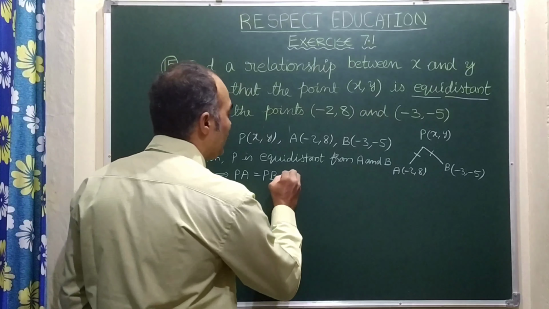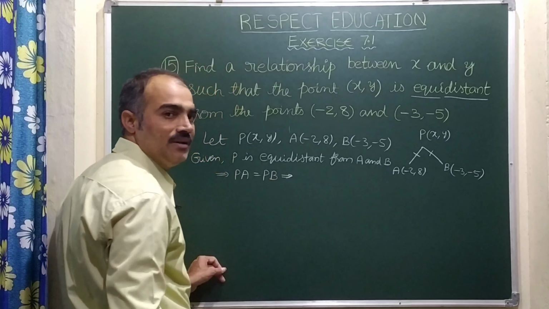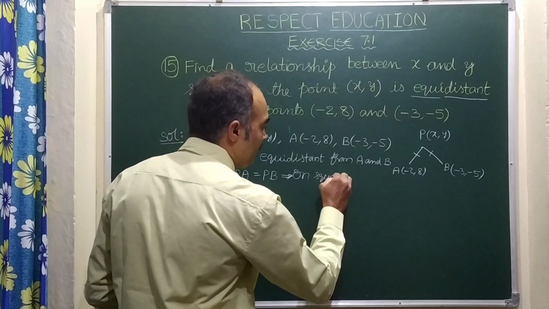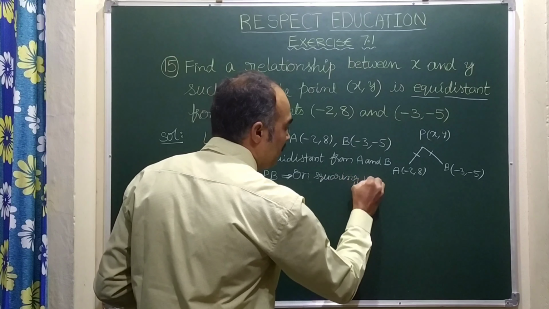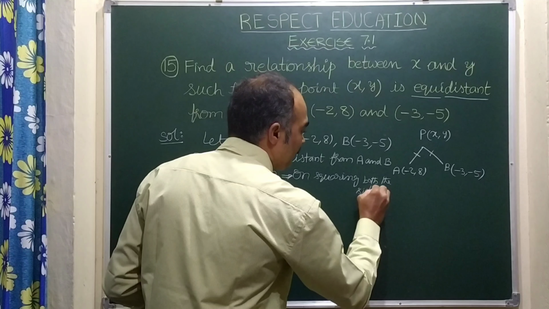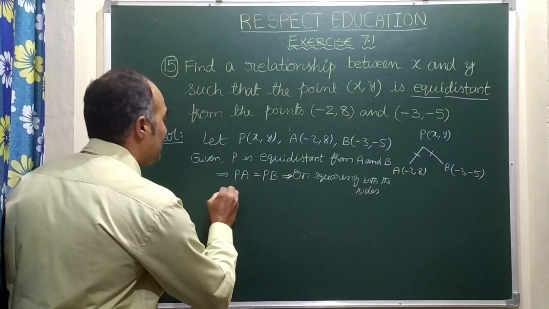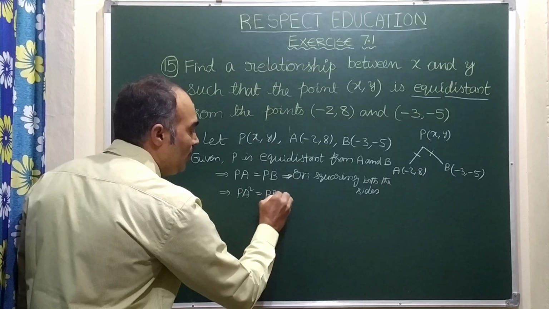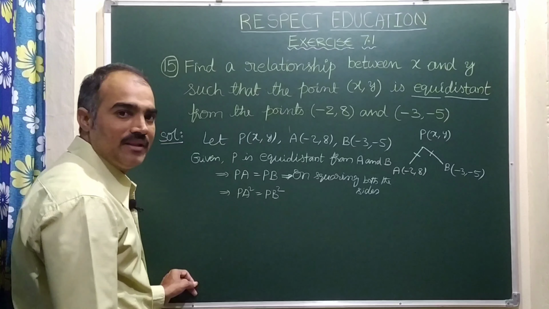So let us square both sides. On squaring both sides, we get PA square is equal to PB square.